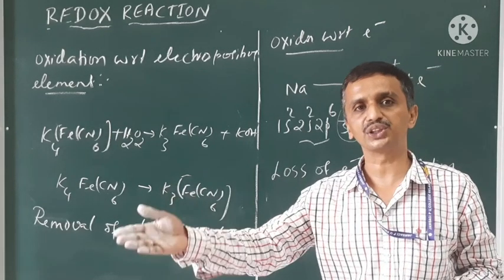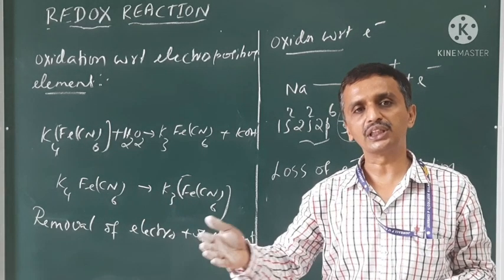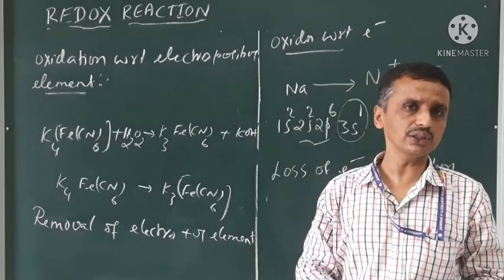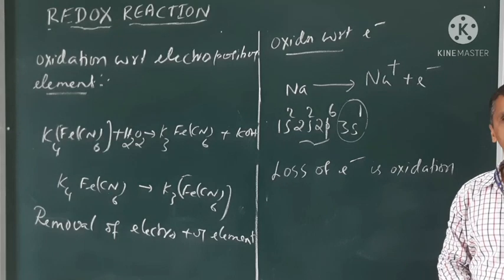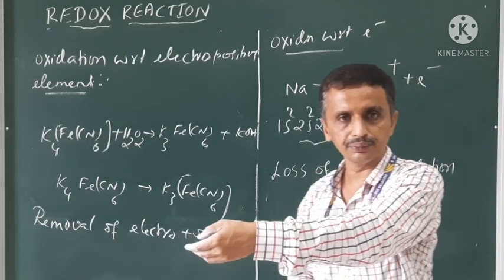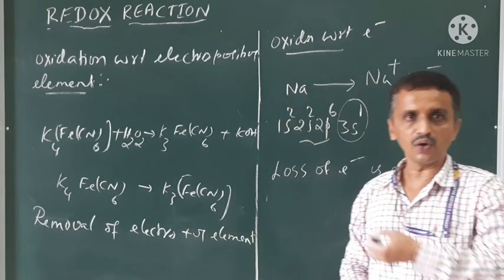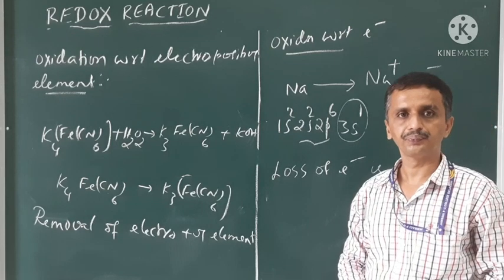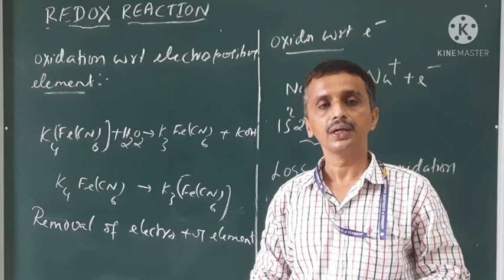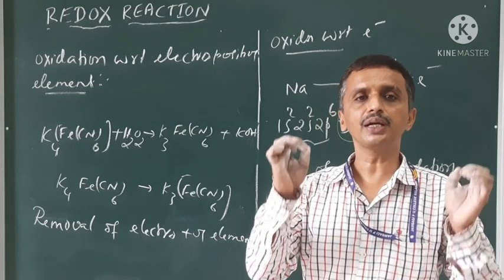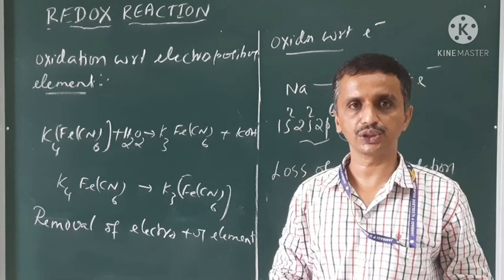If I reverse this, instead of saying addition of oxygen, removal of oxygen, addition of hydrogen, removal of electronegative element, addition of electropositive element, addition of electrons, it becomes reduction process.